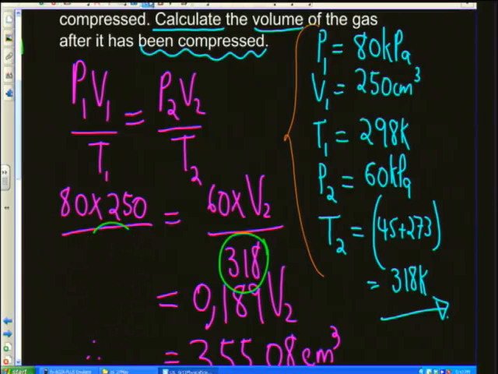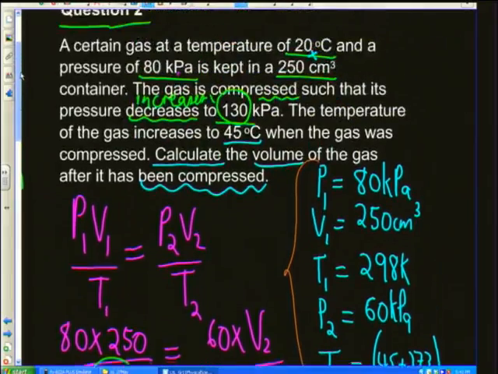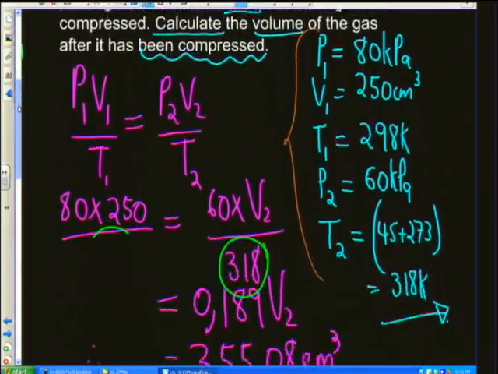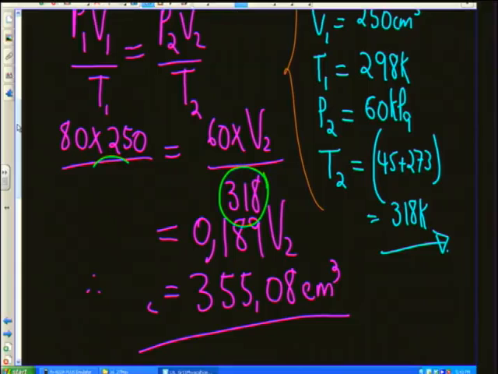When you have 20 degrees Celsius, that will be 293, not 298. I'm used to the 25 degrees Celsius. This is 20, so that should be 293. That side stays, but this must change to 130.